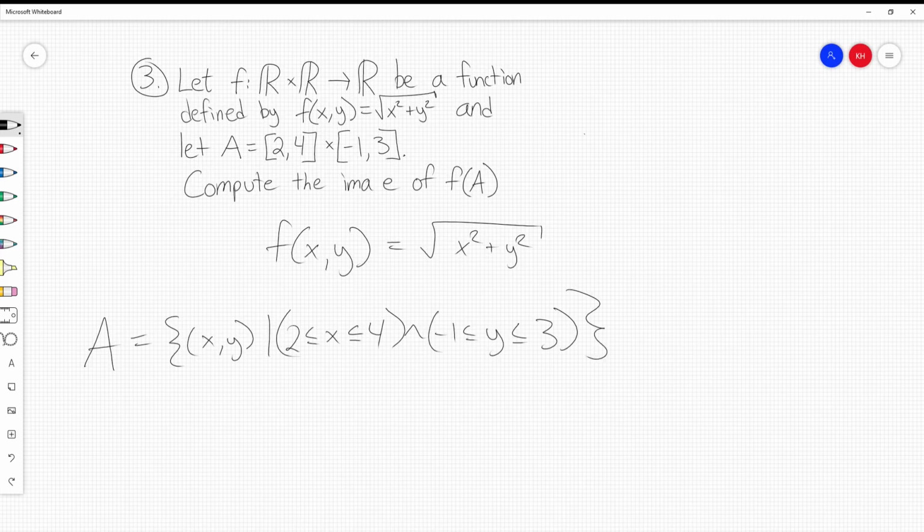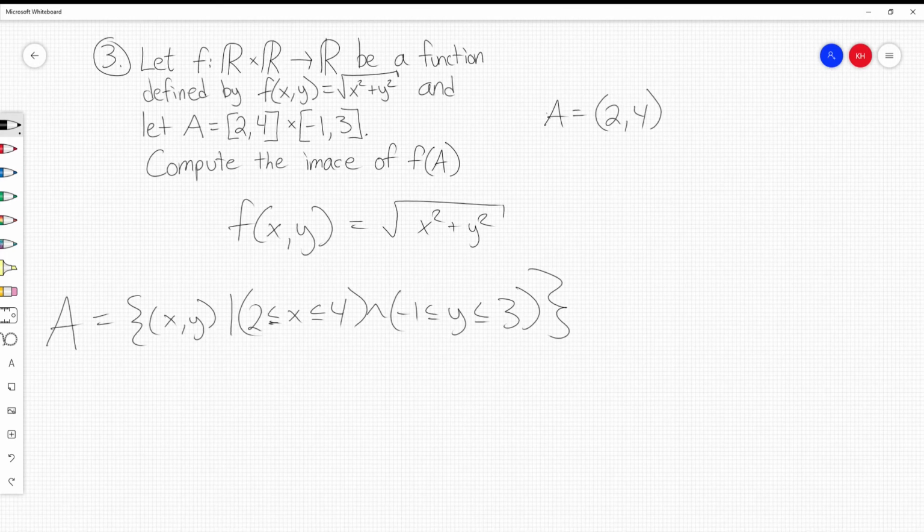All right, simple enough. I just rewrote what was being said here, because if we had A equal to (2, 4) in this case, then it wouldn't have an equals here, it would just have x between 2 and 4.